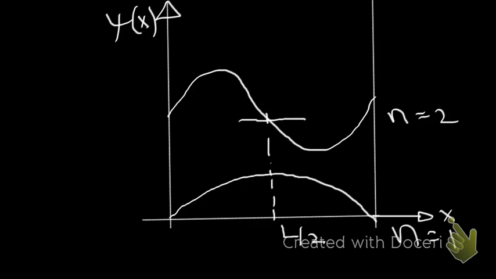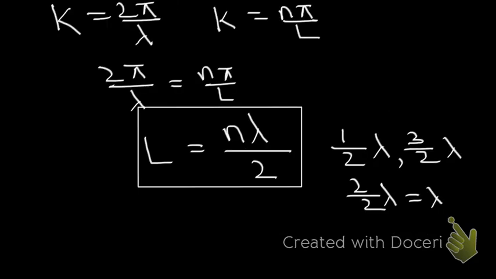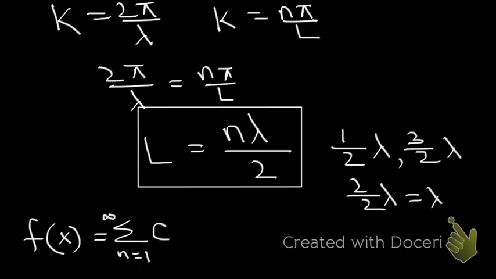Another property is that these wave functions are complete, in the sense that we could write a function f of x as an expansion: the sum over n equals 1 to infinity of Cn psi n of x.